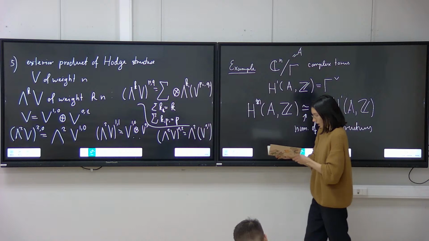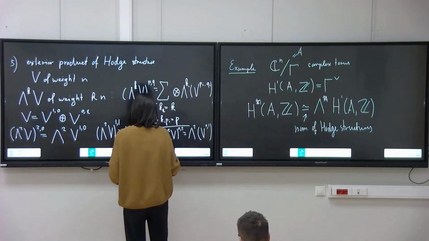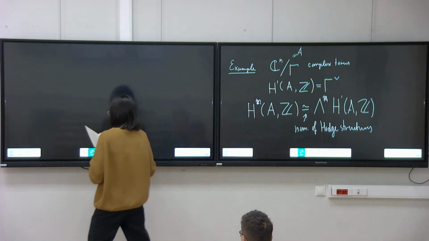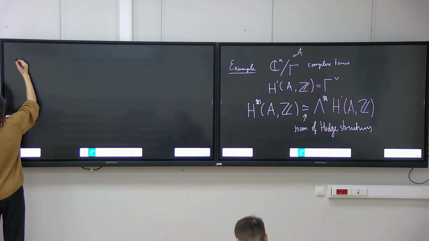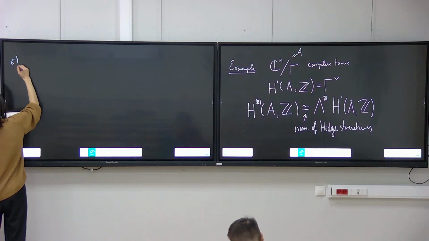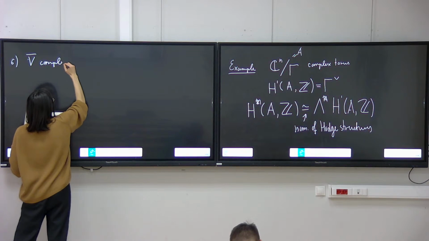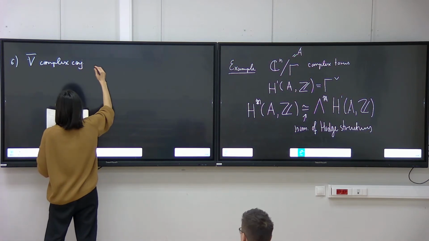Okay? And now, let me also define the complex conjugate Hodge structure.